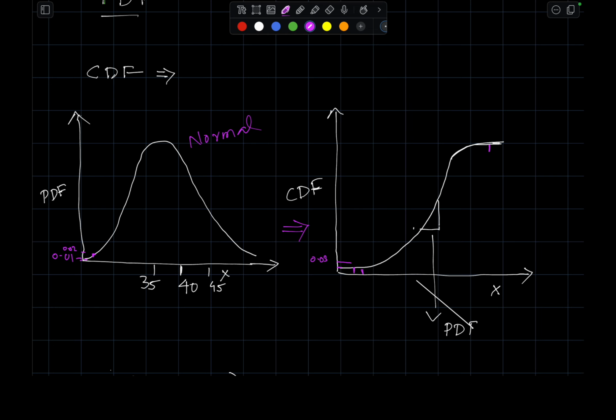The question which you asked is how, in the initial case here, if you look over here, the probability density function is slightly starting to increase from almost a zero value. Similar is the case here.